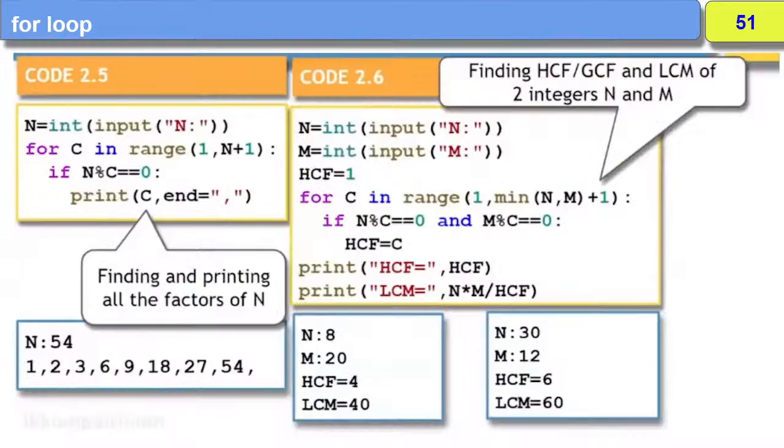Here, I'm going to create the factors of n, all the factors of n, whatever value of n you give. So we'll be starting from 1 and we'll go up to less than n plus 1, not n plus 1, less than n plus 1.